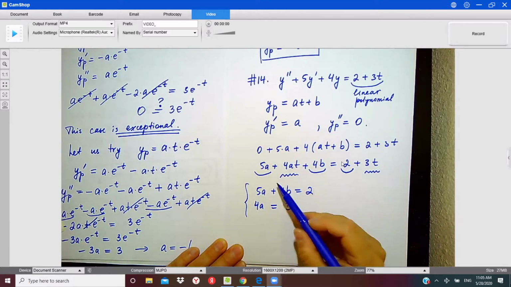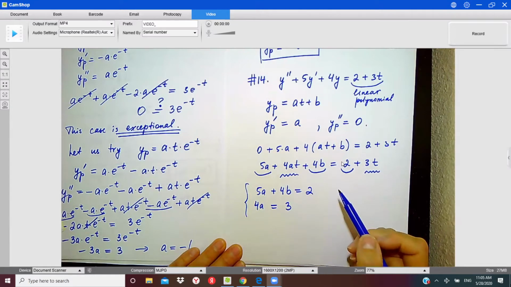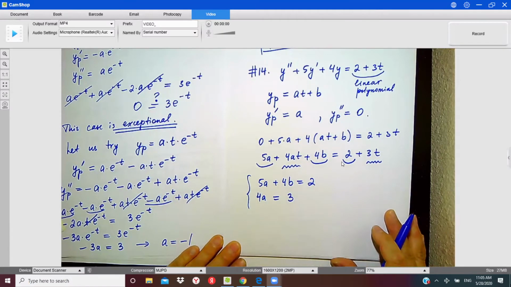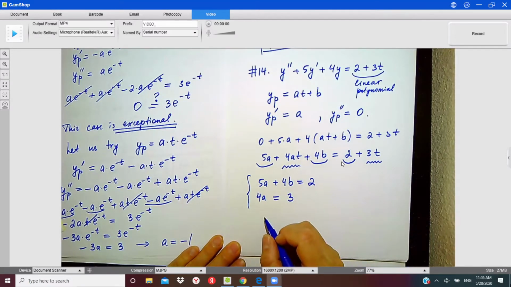So we equated like terms on the left and right hand side. Do you agree so far? Yes. Okay, very good. If there are questions, feel free to ask.